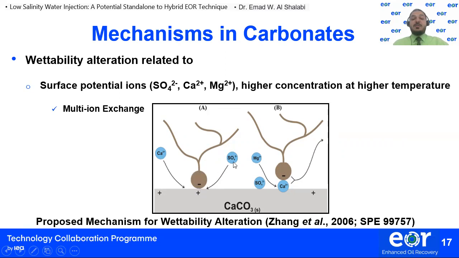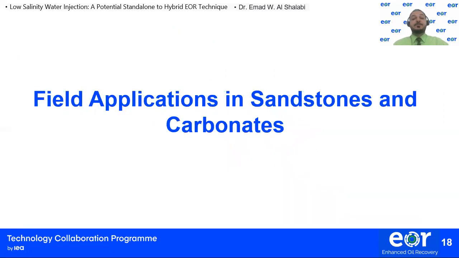Now, thanks to having sulfate in the water, which has a great affinity to the carbonate rock surface, as it is negatively charged, it will get close to the positively charged carbonate surface, and that will stimulate a repulsion between the sulfate and the negatively charged carboxylated group. Then thanks to the presence of calcium and magnesium, which will form complexes with that carboxylated group, they will release it from the surface, which results in more incremental oil.